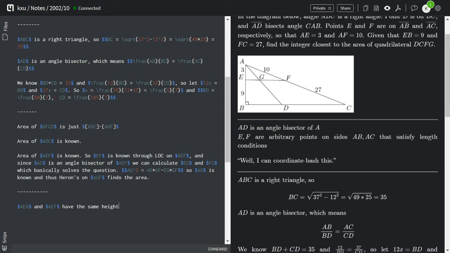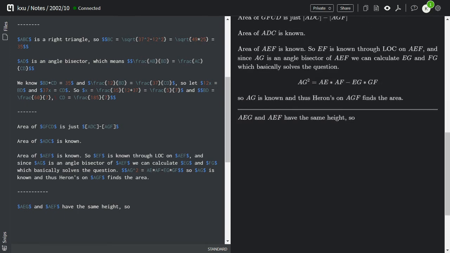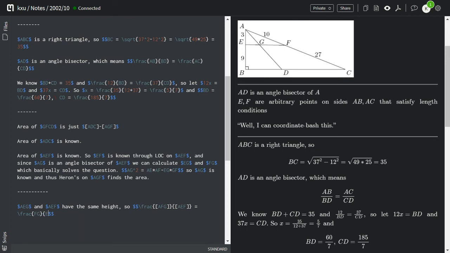And this means that their areas are, so basically, we have that the ratio between AEG and AEF, or rather AFG, because we want that, is equal to FG over EF.